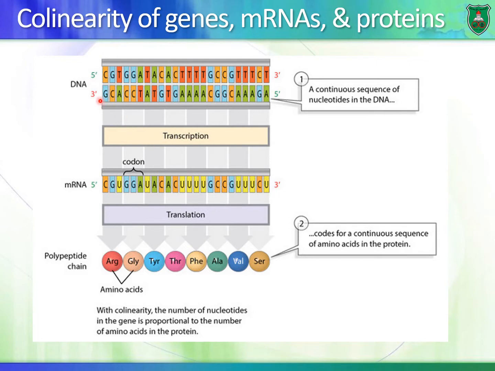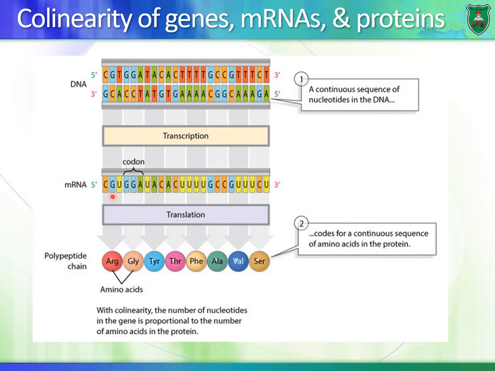So there is linearity, meaning that there is no skipping in reading the bases or the codons of the messenger RNA and the DNA as well. Okay. Now, in terms of protein synthesis, each messenger RNA is read as a codon, or a sequence of codons.